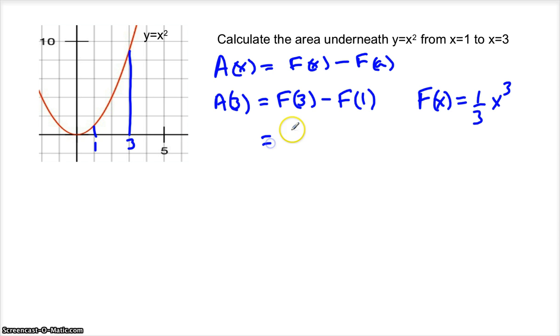So F(3) will be 1/3 of 3 cubed, minus 1/3 of 1 cubed.